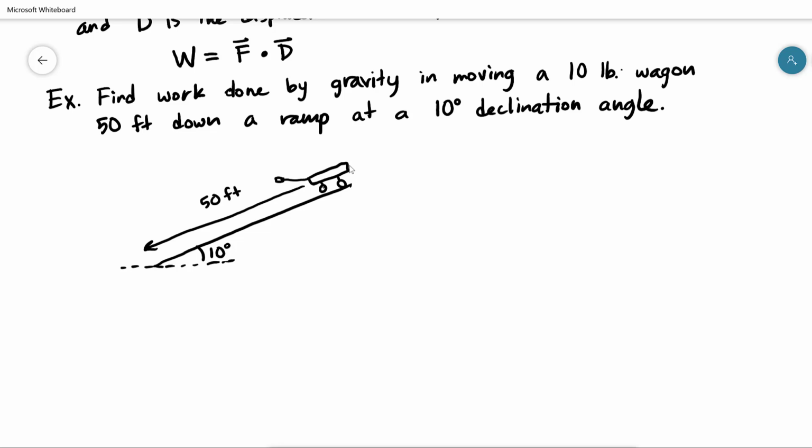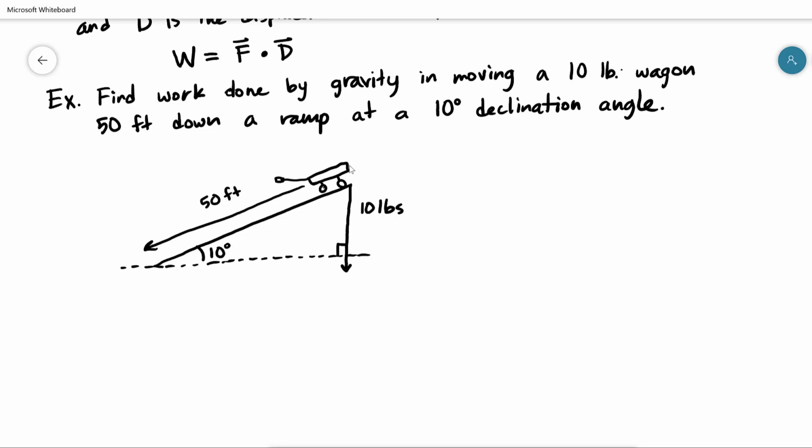And where is gravity pulling? Gravity is pointing straight down at 10 pounds of force. So this is kind of the idea. So if I want to do this, let me clean this up a little bit. Let me move this just so I can complete this all the way over, and this will make it a little easier to see. So there's our 10 pounds.